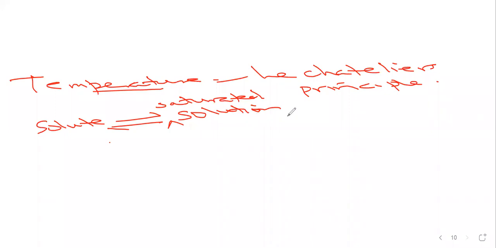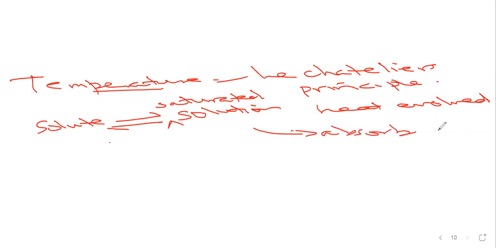It will be favored with a decrease in temperature if heat is evolved. However, if a solute dissolves with absorption of heat, then that solubility will be favored with increase in temperature. That's the key point there.